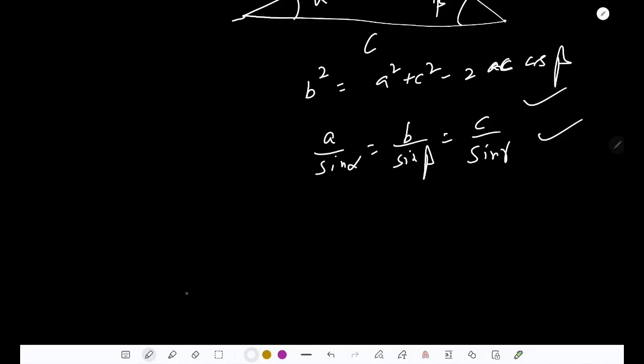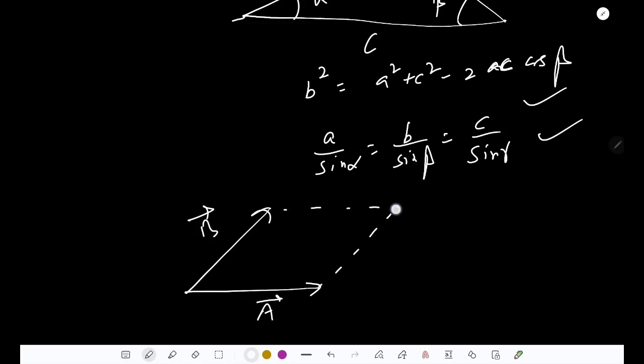And when we did this, we have a vector a, another we have vector b, and we completed a parallelogram and got our vector a plus b. We can also think of it like this: if we make this side of the parallelogram also an arrow, a directed line segment or a vector, it will have the length of vector b, and because these two lines are parallel, it will also have the direction of vector b.